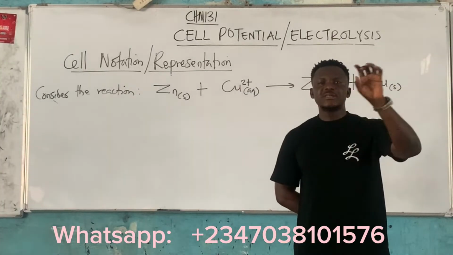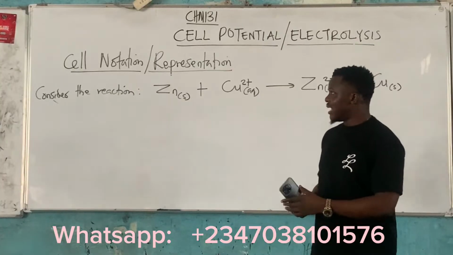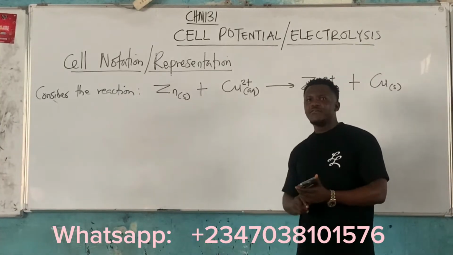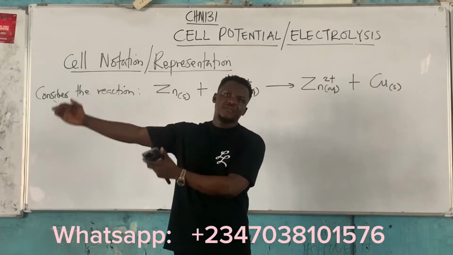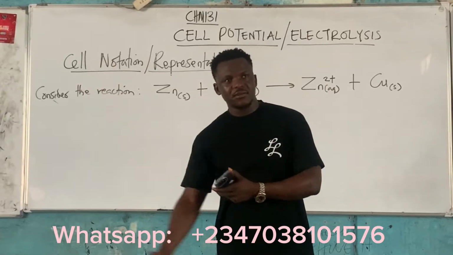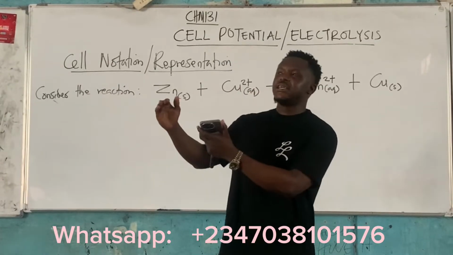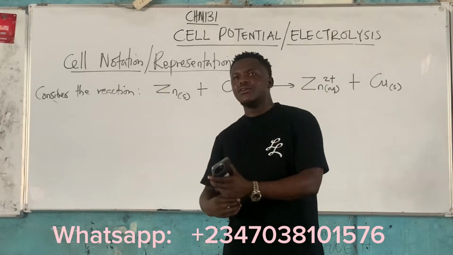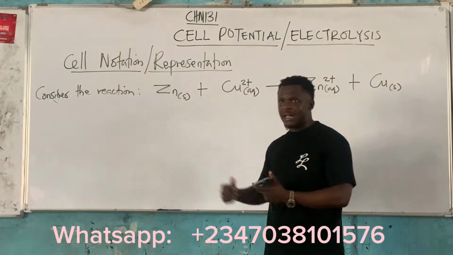So the reaction that takes place in both the anode and the cathode is a complete reaction, which is known as cell reaction. However, the reaction that takes place in just one of the electrodes is called half cell, right? The cathode sees reduction reaction, while the anode undergoes oxidation. We are going to talk about that much later when we start our calculation.